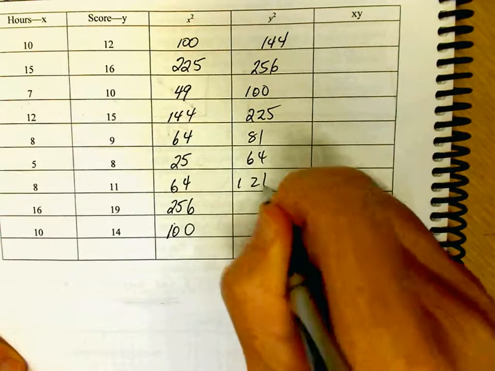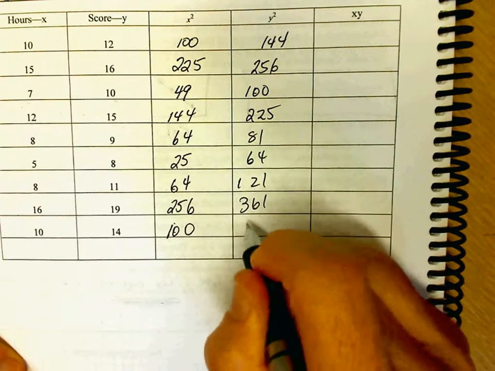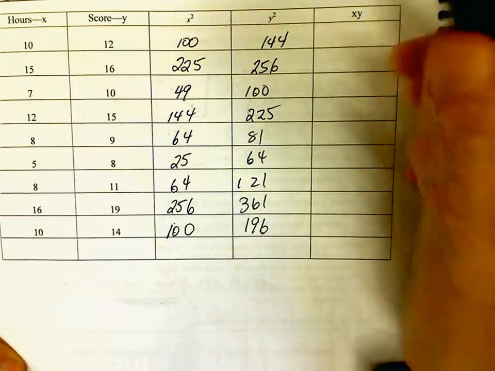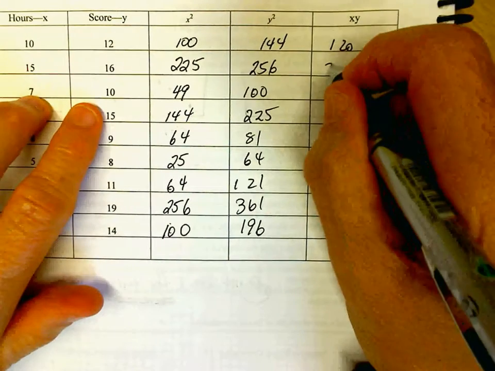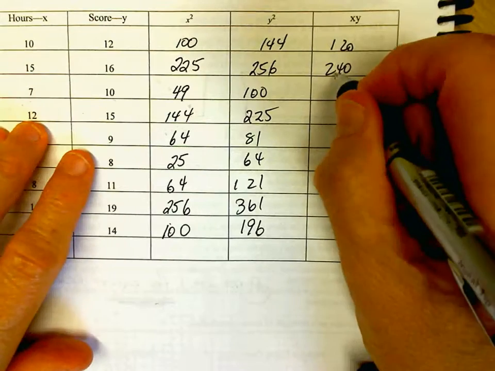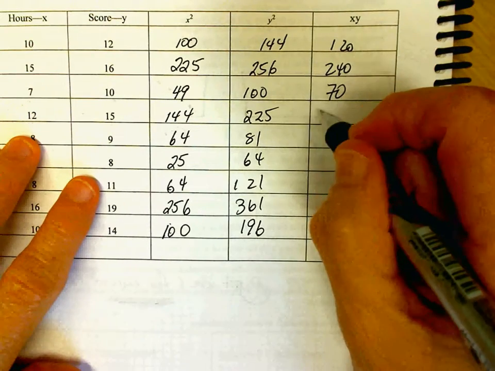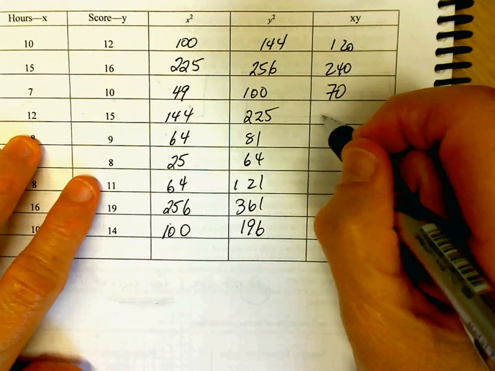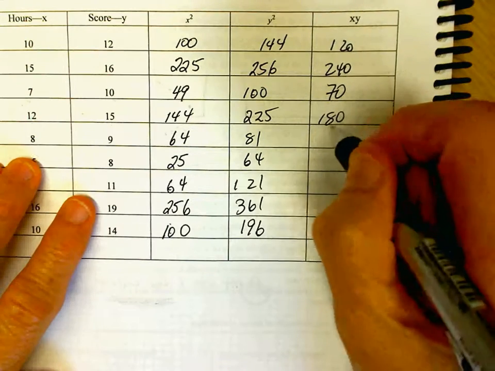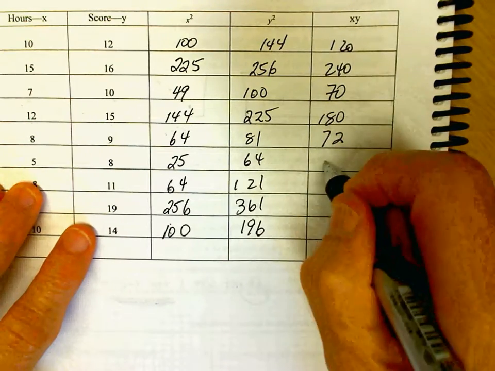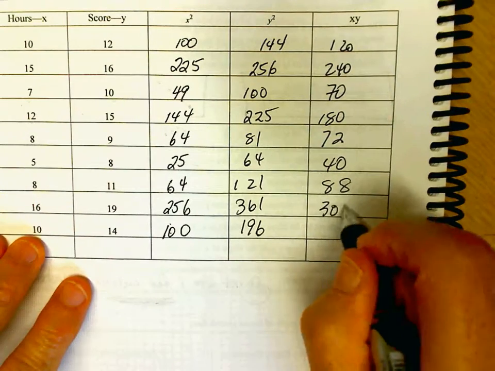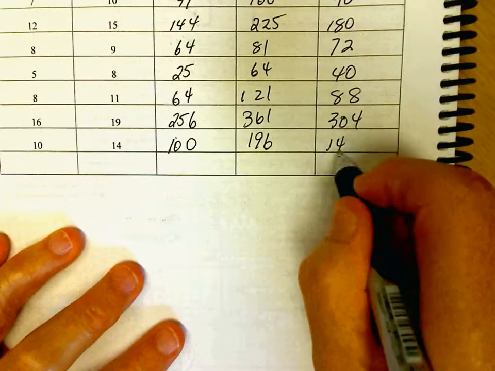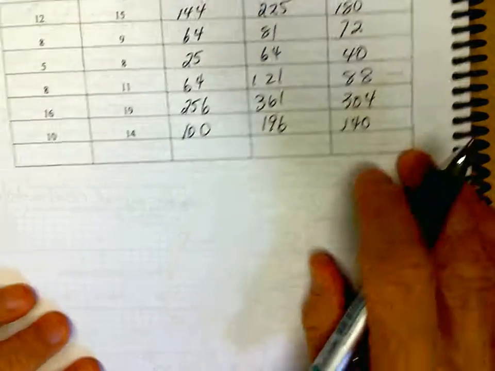And that's 196. XY is 120. 15 times 16, 240. This is 70. 12 times 15 is 180. 72. 40. 88. 16 times 19, 304. And that's 140. We're going to need a running total. So sum of x equals 91.